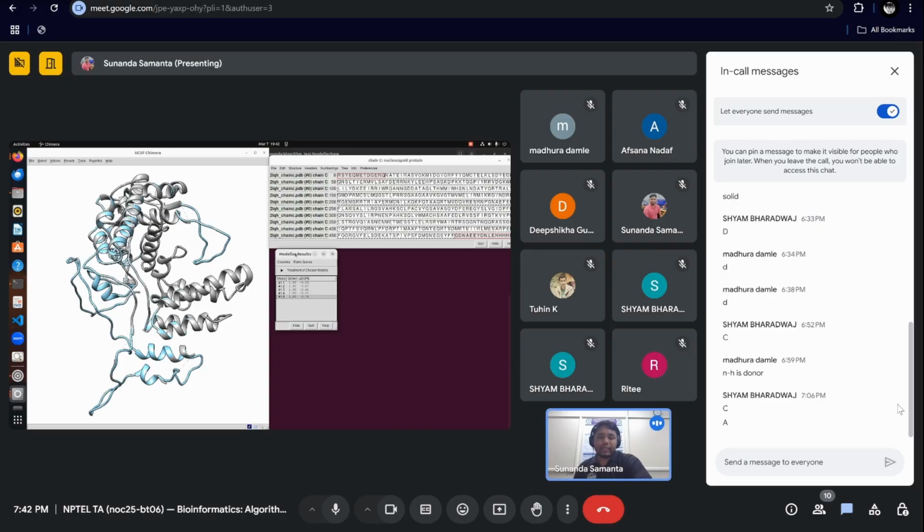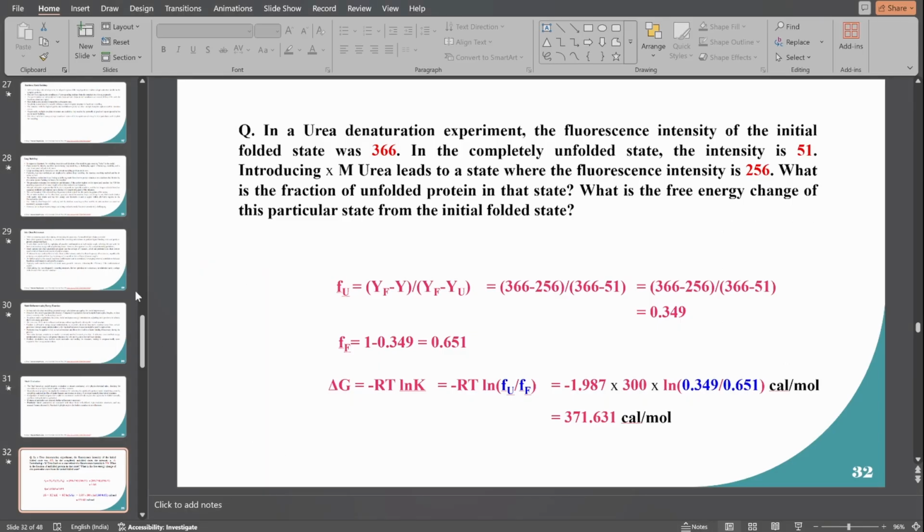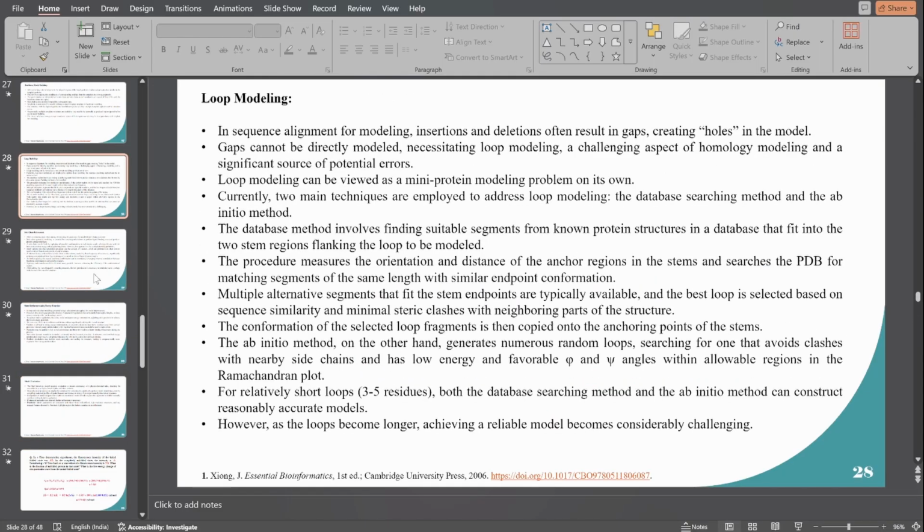Yeah. So in our slides also, if we go through that, in the entire process of homology modeling, you would have seen that a loop modeling portion was also present, right?